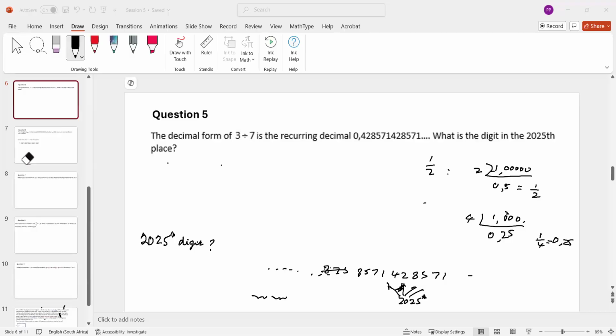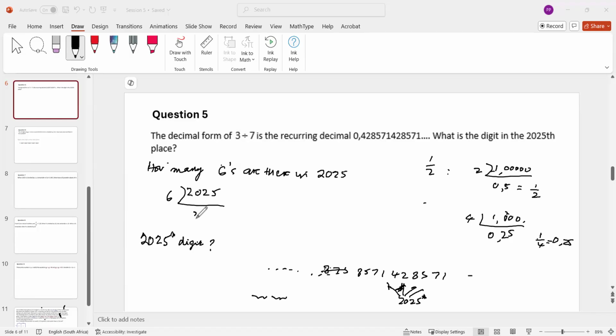So how many 6s are there in 2025? Now, that is a simple division sum, because you simply divide 2025 by 6.